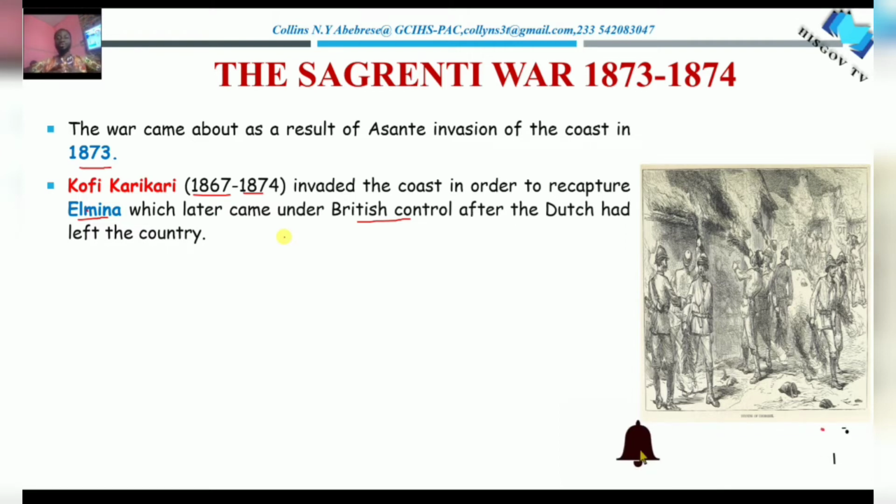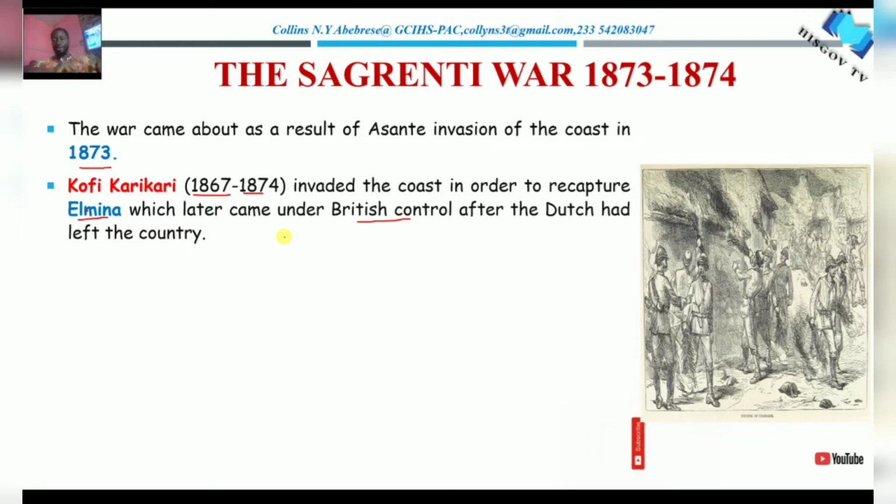And we also established that Elmina was an important state or town for the Asante Empire. Why was Elmina important? Along the coast of Central region, it was only Elmina that the Asante Empire had total control.